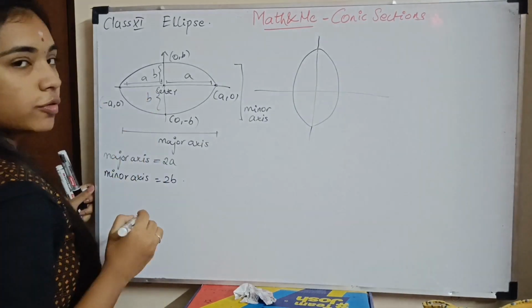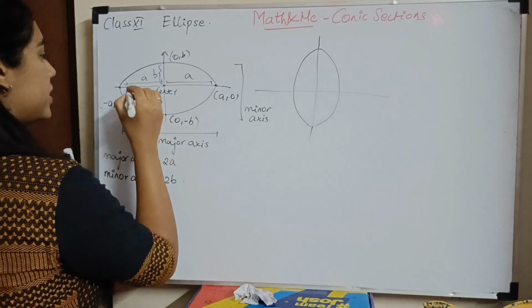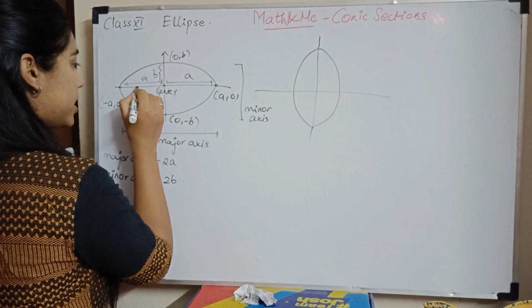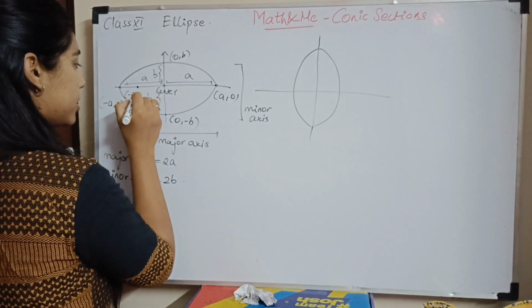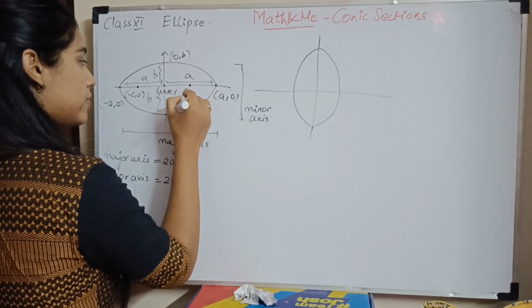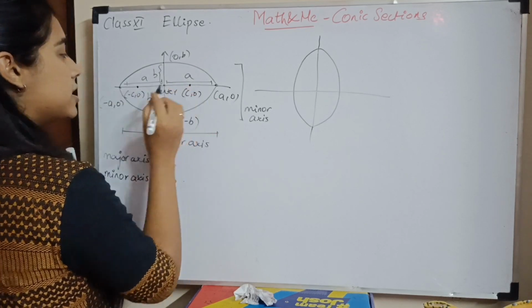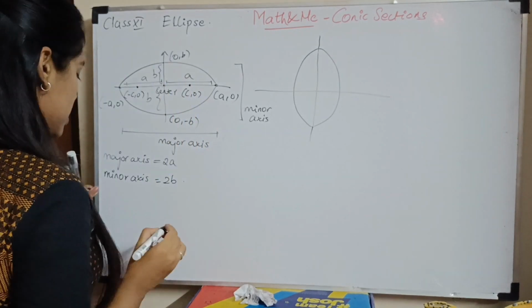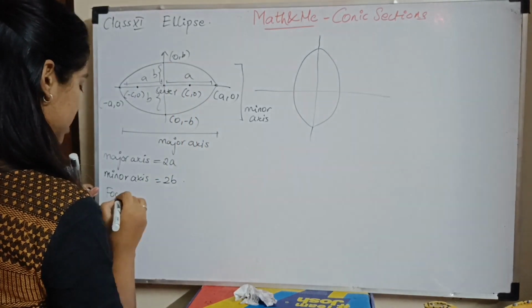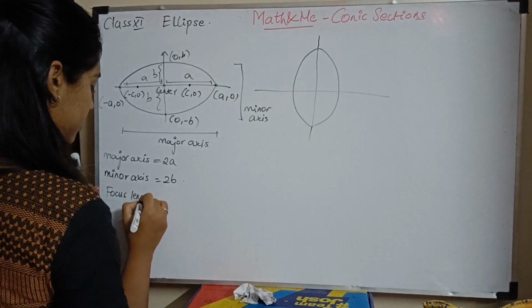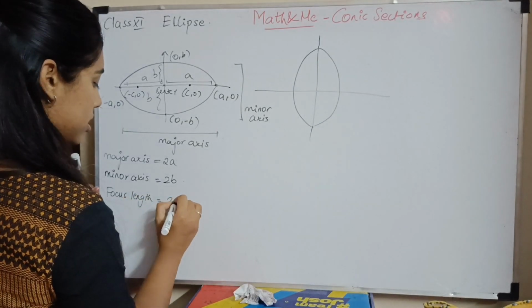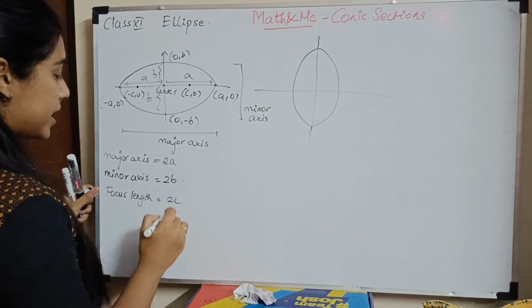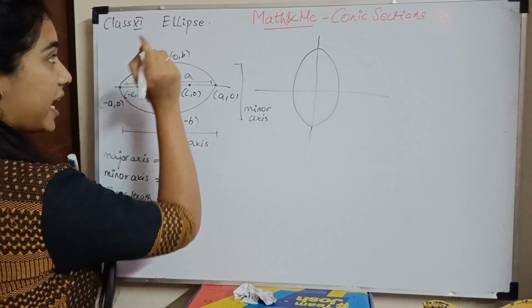And you have focus. Just like in our parabola we have a focus point, here this particular point is your focus. Okay, which is also again equidistant, but it lies on the major axis, not on the minor axis. Okay, so your focus length is 2c. And what is the relationship between A, B and C for an ellipse?